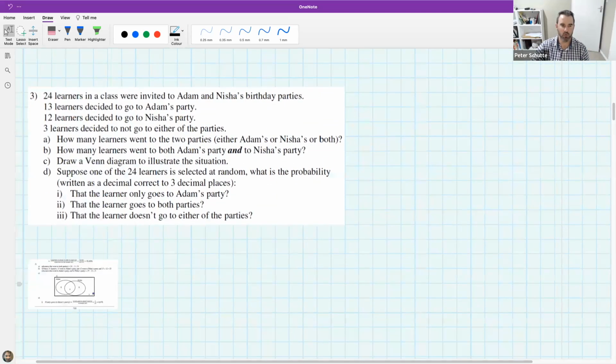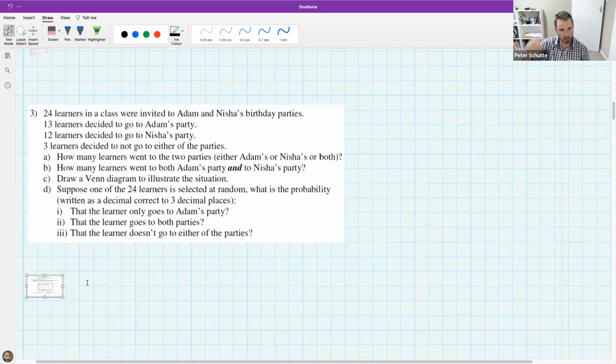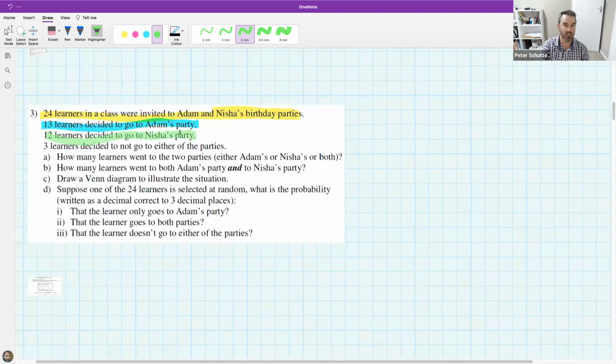Okay, here we go. I'm going to give you more carte blanche here to go ahead. I want you to read this question. It says 24 learners in a class were invited to Adam and Nisha's party. 13 learners decided to go to Adam's party. 12 learners decided to go to Nisha's party. And 3 learners decided to not go to either of the parties.